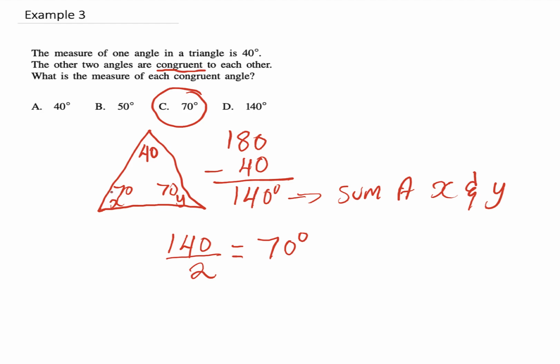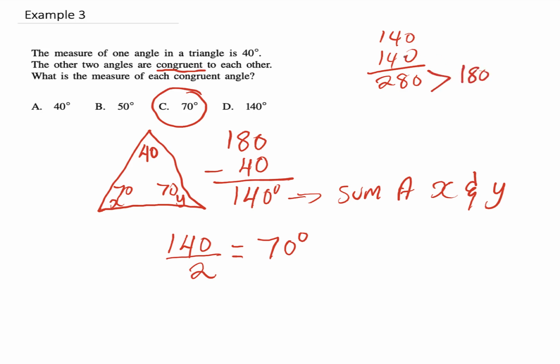Remember, when you add all the angles in a triangle, they must sum to 180. Your answer is not 140, because if you're saying that X is 140 and Y is 140, when you add those together, that gives you 280. So 280 is greater than 180.